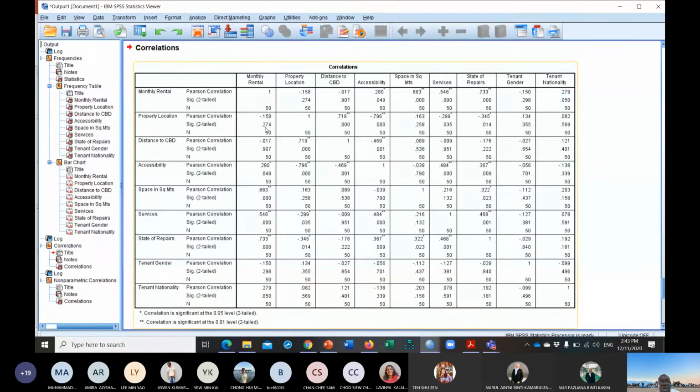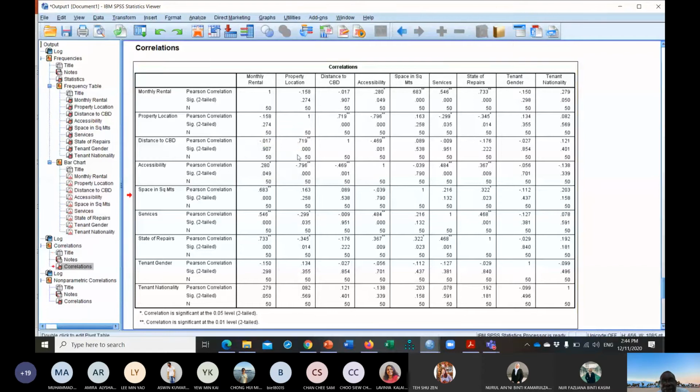If you are expecting a lower rent, then you have to go further from the central area. That is where you can get a rent that is lower. So the longer the distance, the lower the rent. I think that is understood. Class, do we understand that? Yes, yes. Okay.